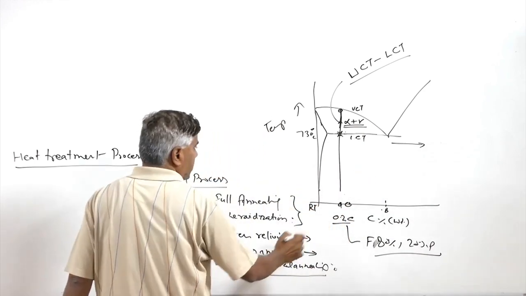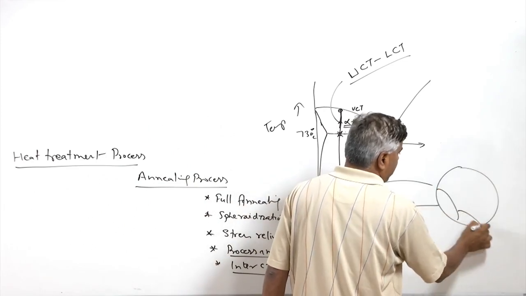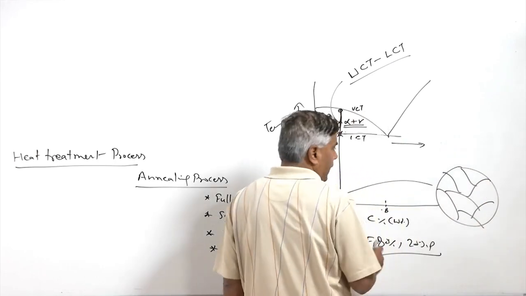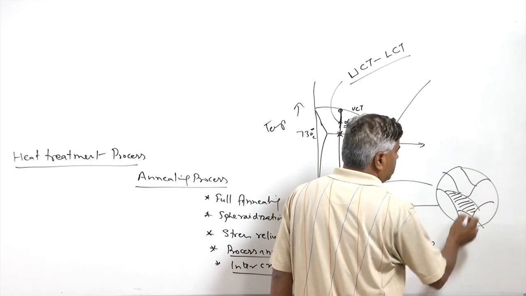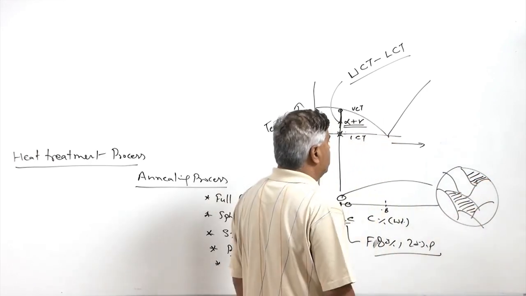For example, at room temperature, if the steel has a certain amount of ferrite and pearlite, so this is the pearlite grain at room temperature.